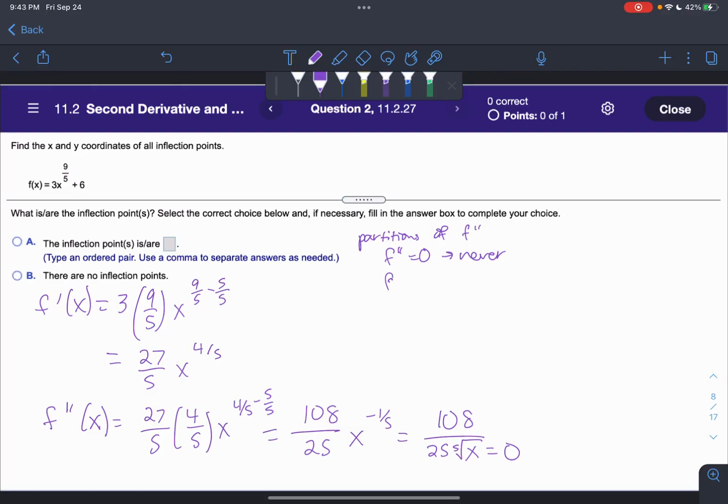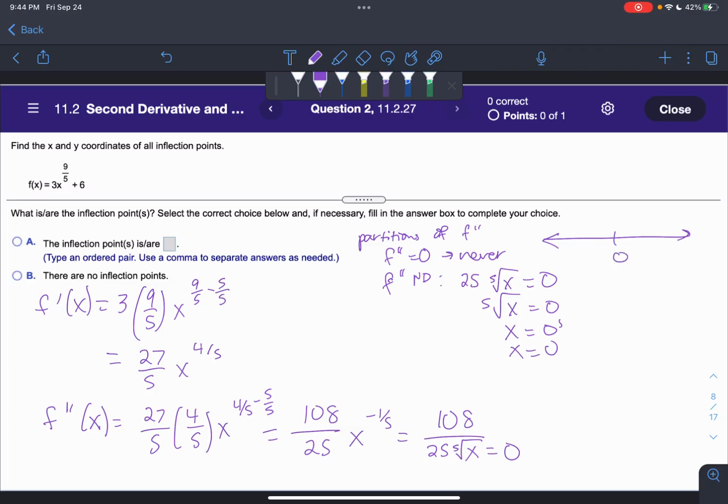So f double prime does not exist, or is not defined, when 25 times the 5th root of x is equal to 0, so the 5th root of x is equal to 0, or where x is equal to 0, right? 0 to the 5th. So pretty much 0. So let's check if this partition now, x equals 0, is a point of inflection.